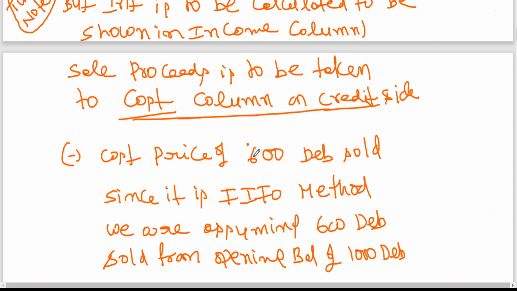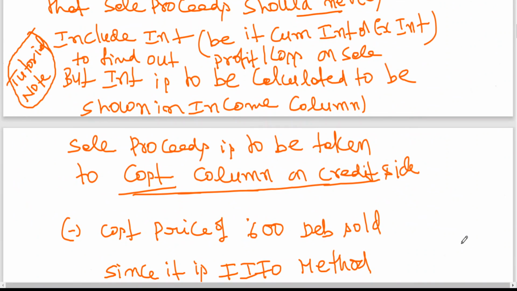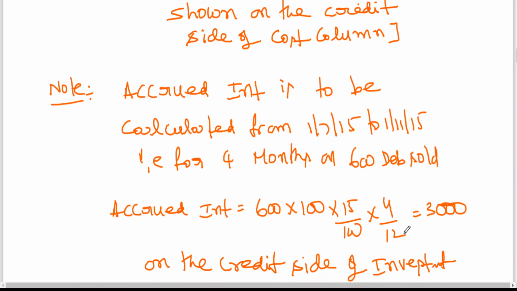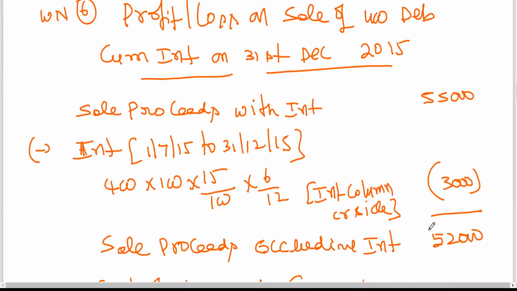Sale proceeds ex-interest, I told you, ex-interest means without interest. To find out profit, interest we should never include. So 57,300 you can directly write in cost column. And also you are having accrued interest 3,000. This is all to be taken to cost column. And we are also having loss. These all three will be taken to credit side.